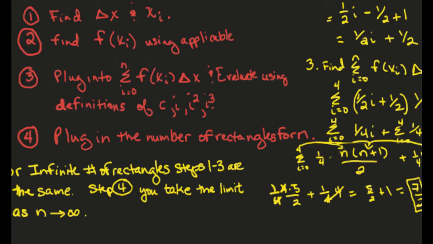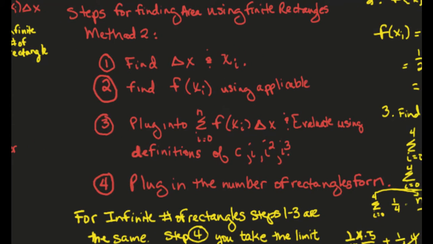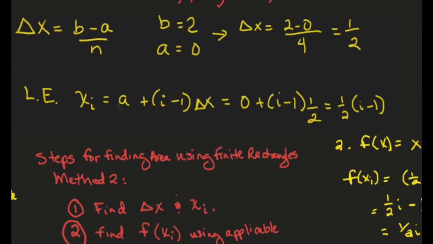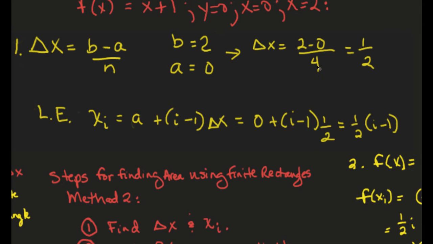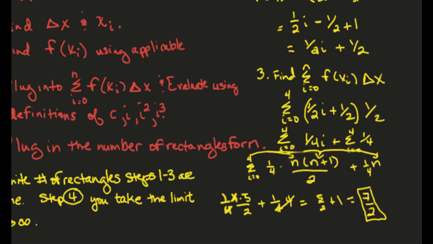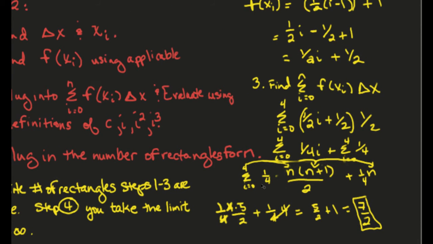And also in your calculation of delta x, your b minus a over n, you leave n as n. So whenever you're plugging in, you'll have n's in the denominator, and what will happen is when you take the limit as n approaches infinity, those n's in the denominator will make things disappear to 0, allowing you to get one finite answer.